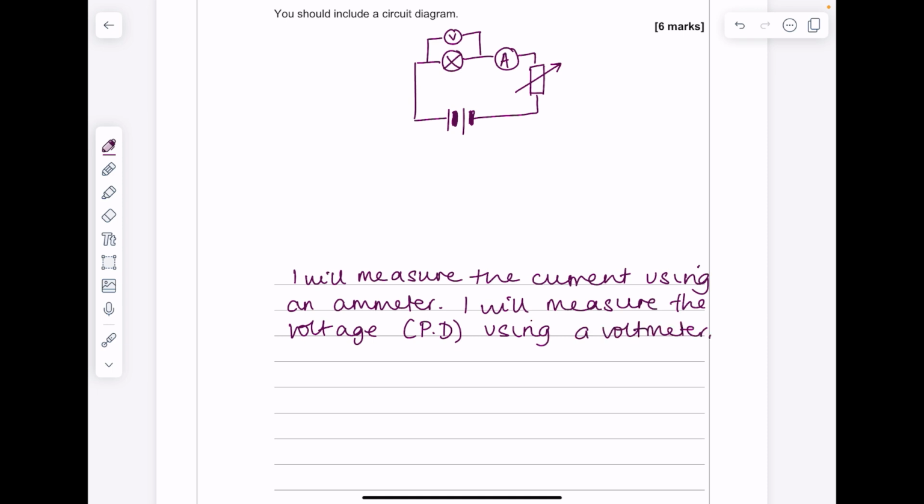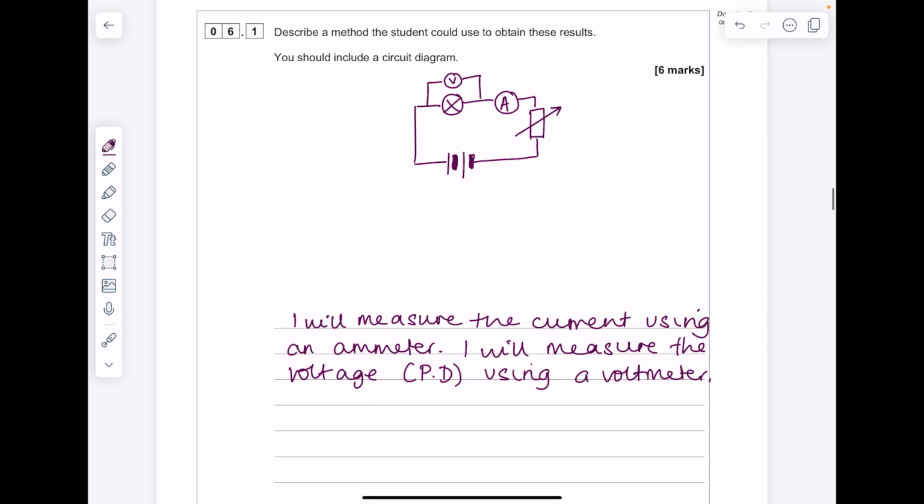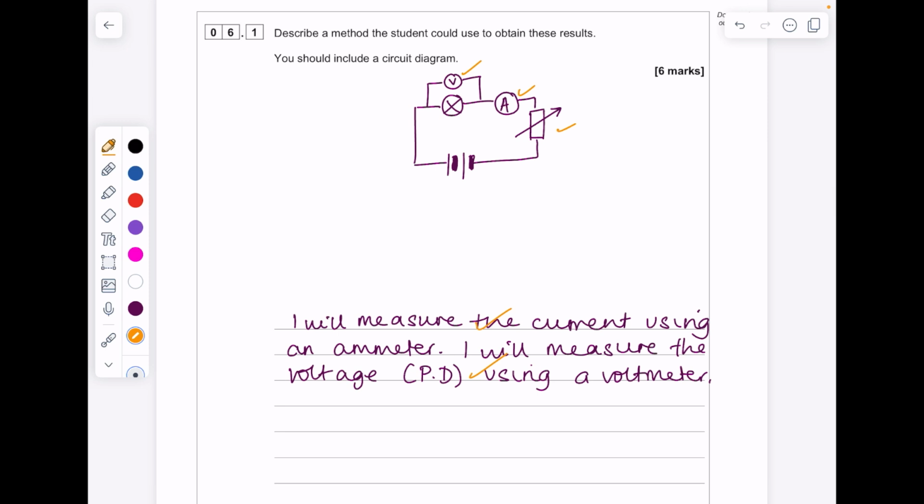In terms of the marks we've been awarded so far, we get a mark for the fact the voltmeter has been added in parallel, a mark for adding the ammeter in series, a mark for the addition of the variable resistor. So we're already on 5 marks. I don't want to overcomplicate this.